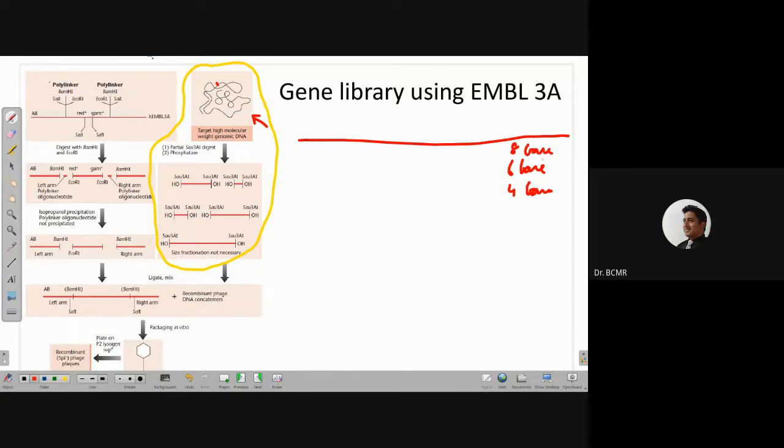What do you think will be the ideal one? Anybody? If we use an 8-base cutter, the probability with which it cuts will be lesser, right? Larger sequence recognition. I think we have done this when we were discussing restriction endonucleases.